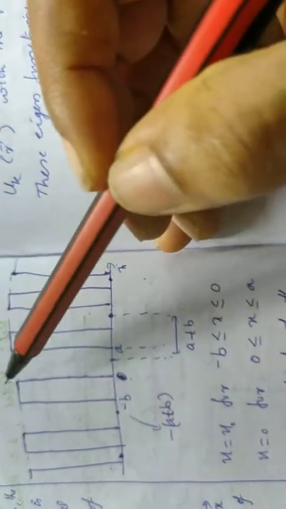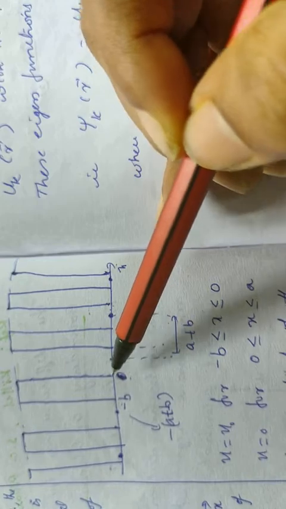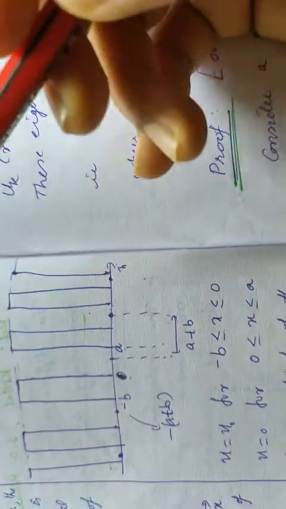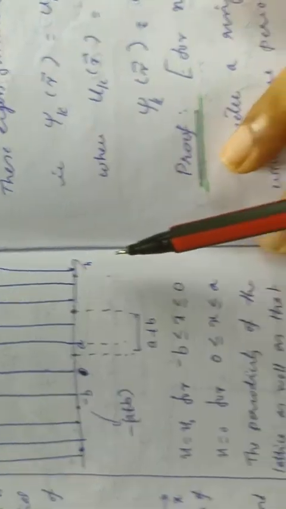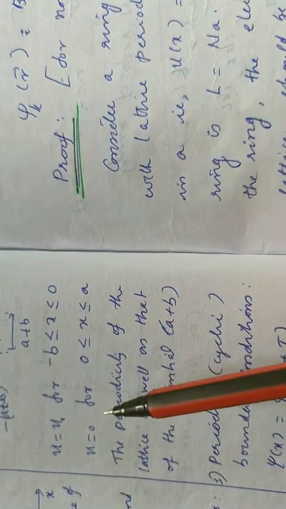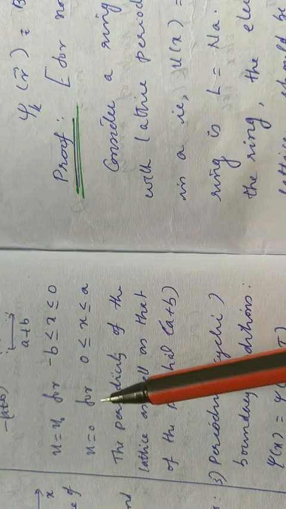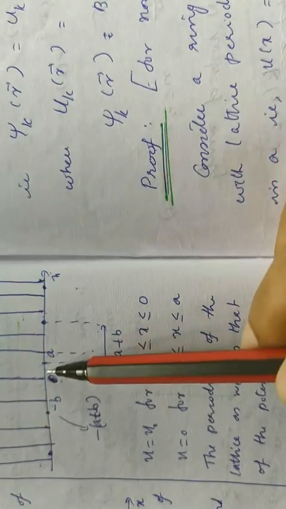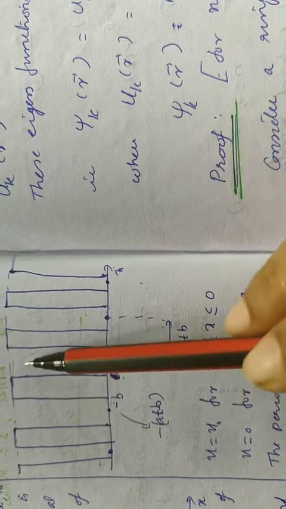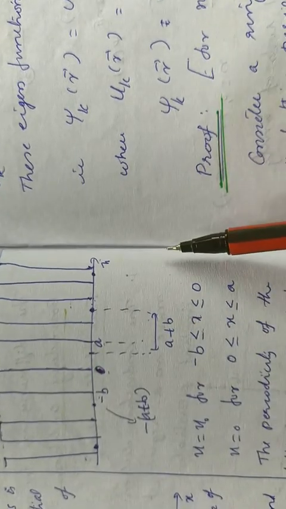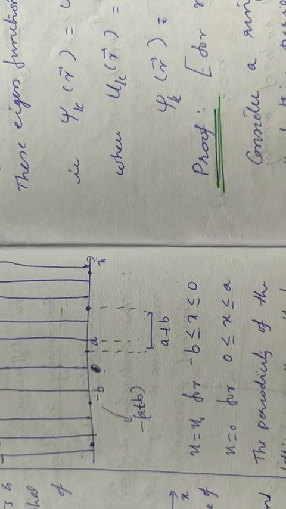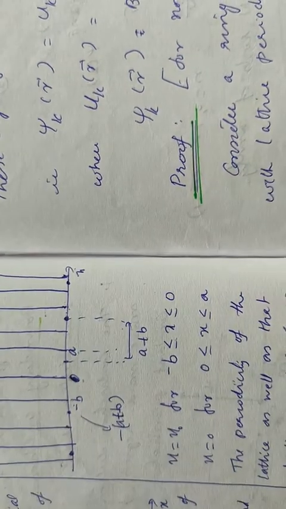Between 0 and a, this potential is 0. So that is the shifting of the reference value.